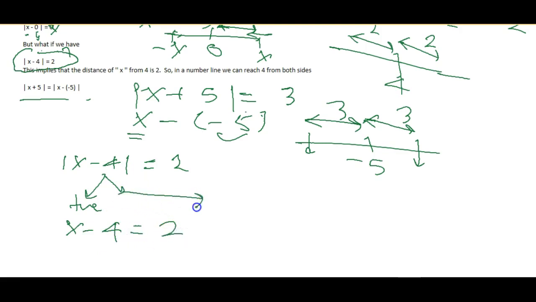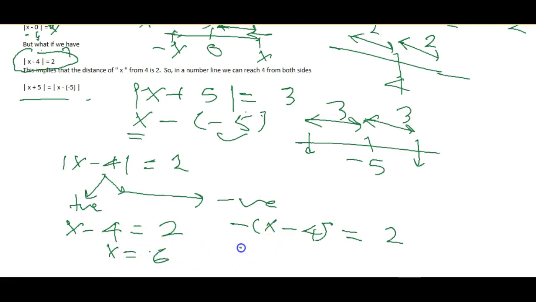And when we are talking about the negative value, then I will assign this as a negative value. Like in case of writing it as x, I have written it as minus x. Now solving for x, 4 will come this side, it will become positive, so it will be 6.